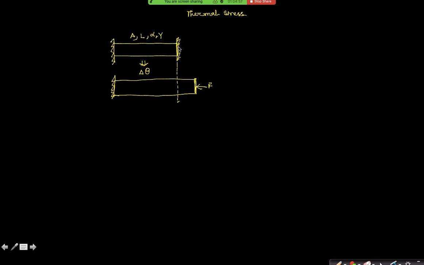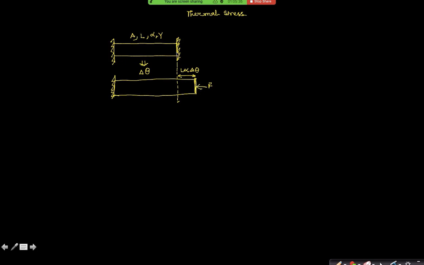Now, in order to make this rod the same length again, you are pushing this rod from this side with a force F. And during that force, you are changing the length of the rod by this same amount, L alpha delta theta. So actually there is a stress developed inside the rod because of this force.